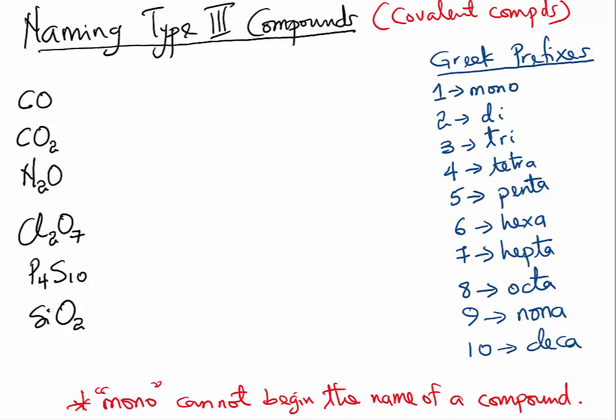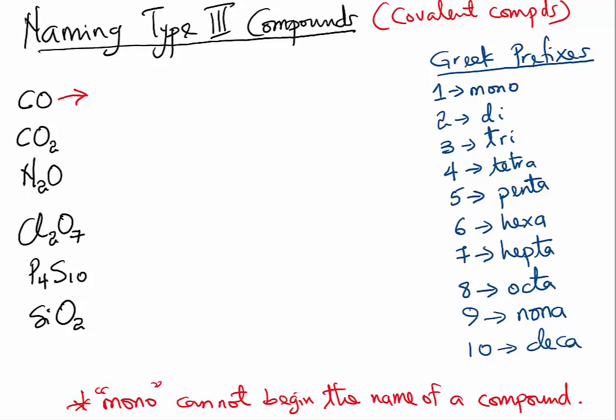Let us take a look at the examples we have up here. We have only 1 carbon and 1 oxygen in this compound. Now, normally, that should be monocarbon, monooxide.